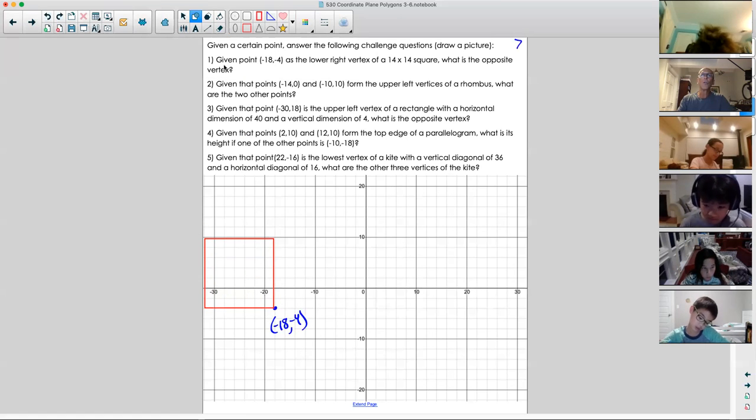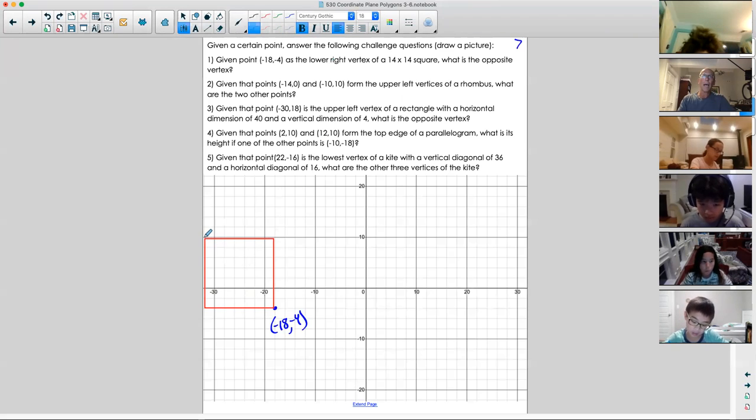So do you guys agree that this is a 14 by 14 square? Yeah. And is that point right there the opposite vertex of the -18, -4? And who could name that point? Omer, can you name that point?